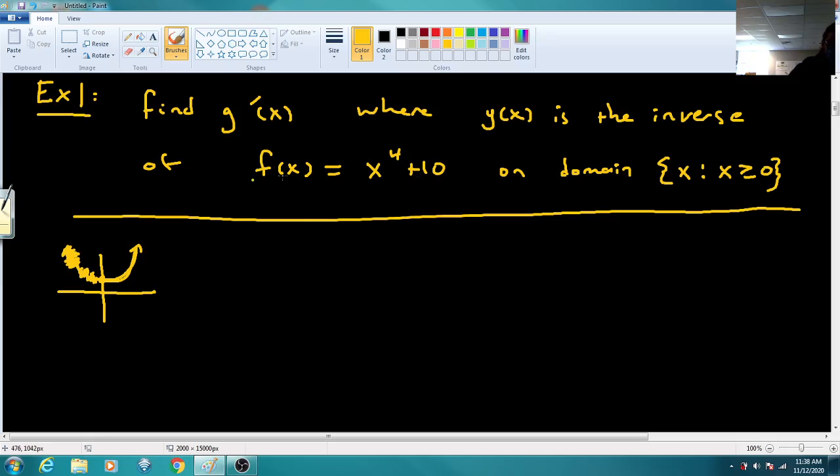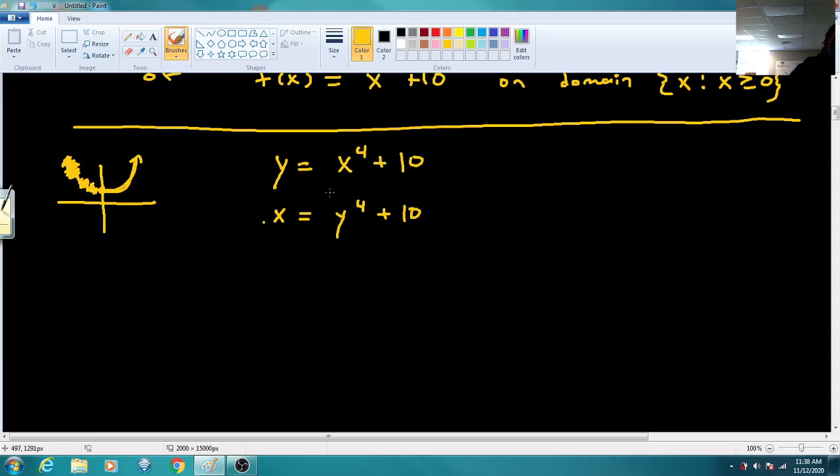I'm going to take the f of x function here, replace f of x with y, switch x and y, and solve that result for y. So x minus 10 equals y to the fourth. So the fourth root of x minus 10 is going to equal y, which tells me the g of x function is the fourth root of x minus 10.